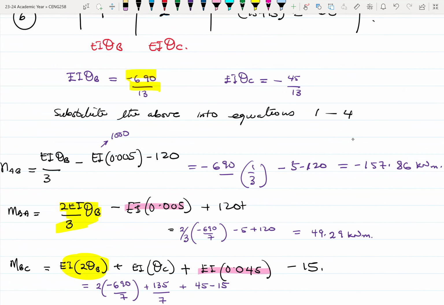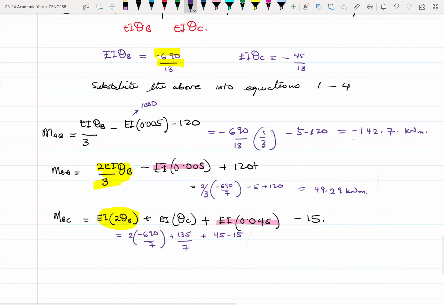So let's see, what will this give us? Minus 690 over 13 times 3, then minus 125, right? That's going to be a huge value. Minus 125. That'll give us 142. Okay, not as huge as before. So minus 142.7 kilonewton meter.